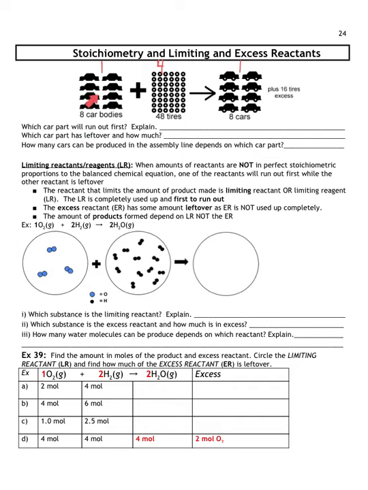But we don't have 12 car bodies. So we call this the limiting reactant, or the limiting amount. And this right here is the excess amount.